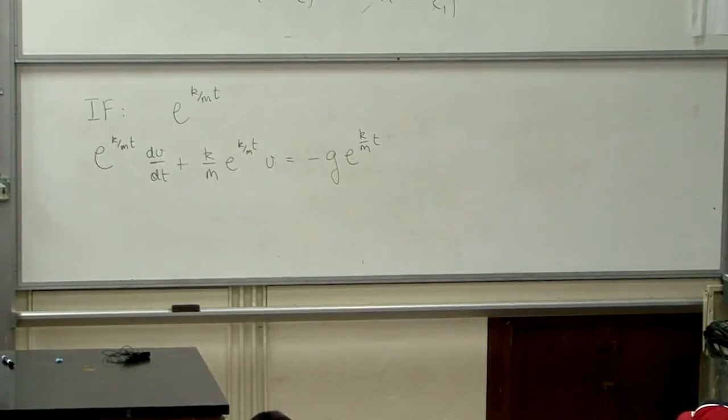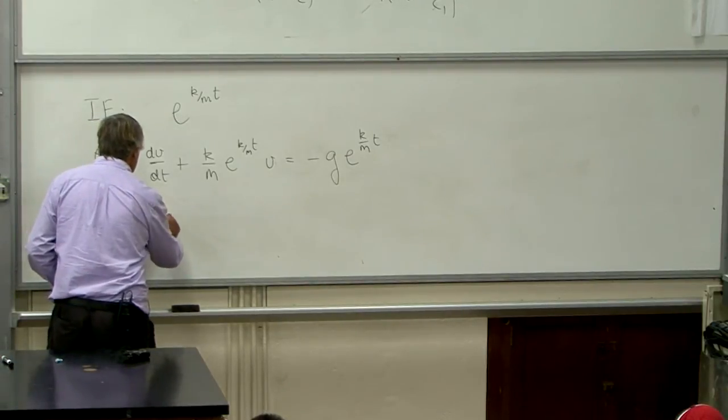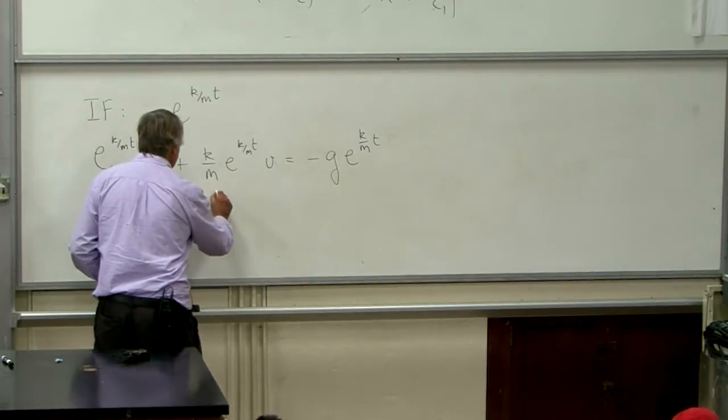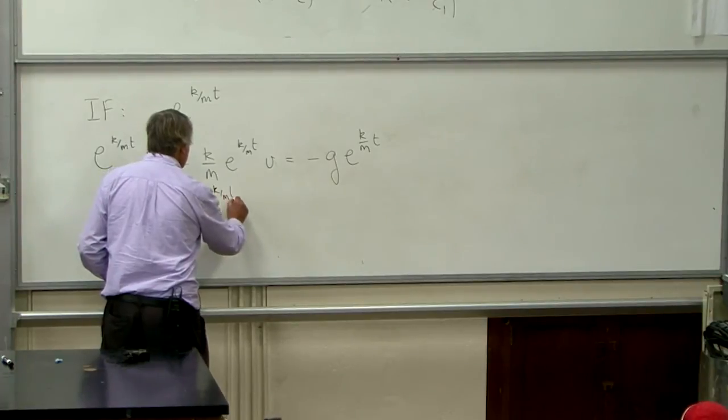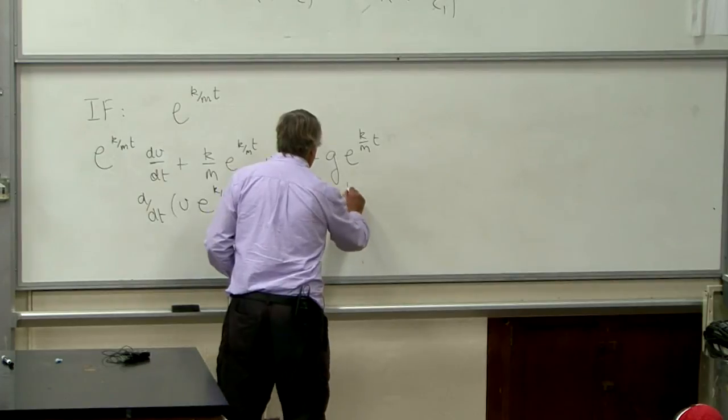Recognize the left-hand side is a perfect time derivative: d by dt of v times e to the k over m t equals minus g times e to the k over m t.